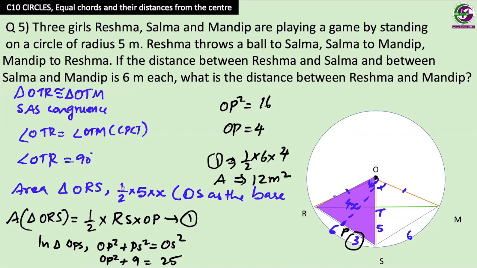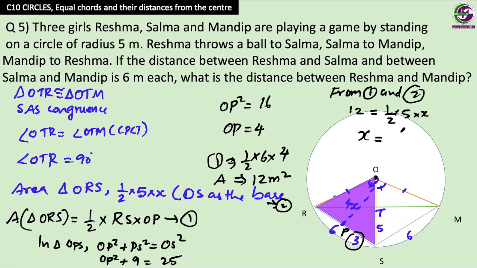Also, we get the area of this triangle is half of 5 times x. So let this be equation 2. From equation 1 and 2, we found that area is 12. Also, area is half times 5 times x.